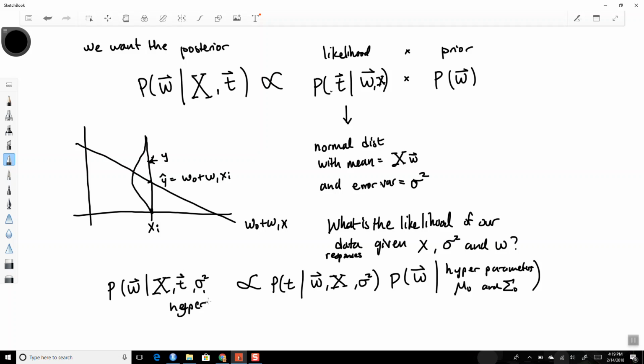So given everything else, it's proportional to the likelihood of our data multiplied by our prior. And what we have to do is consider all the possible values of our slope and intercept in W.